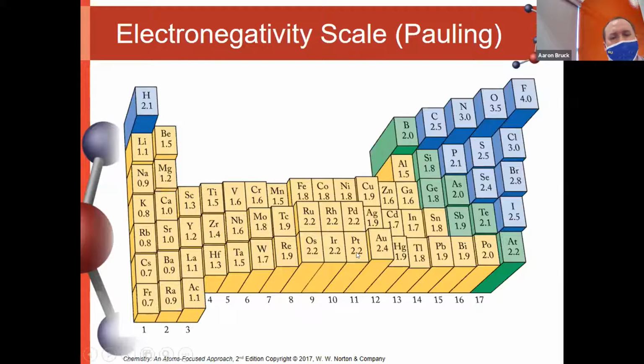On the nonmetal side, we do see a general trend upward as we go up a column, where substances that are more non-metallic, like your nitrogen, oxygen, fluorine, like your halogens, tend to have higher electronegativity values.